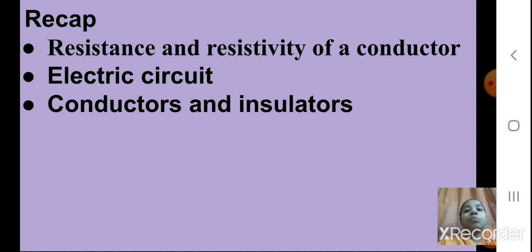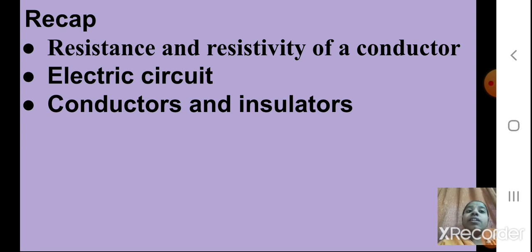You can attach many cells and make them into a battery, and then you can attach a battery also. You need a resistor. Then you need a voltmeter to measure the voltage, and an ammeter to measure the current flowing. So many components together make your electric circuit.